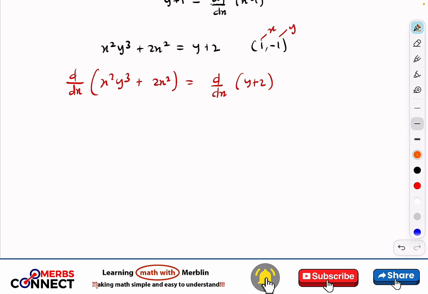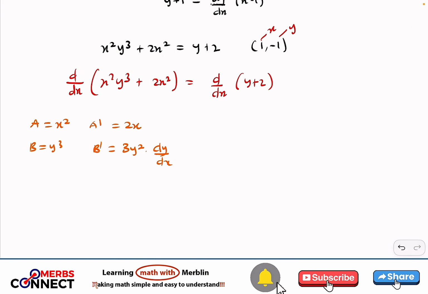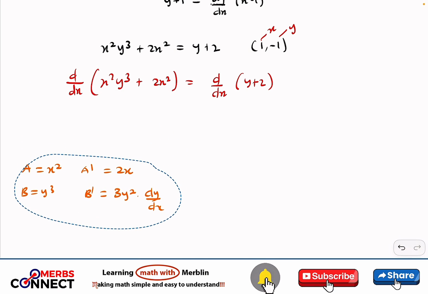So this one I need to use the product rule. So I can say that a is equal to x squared and my b is equal to y cubed. So a prime is equal to 2x, and then b prime will be equal to 3y squared, but don't forget to multiply it by dy over dx because of the chain rule there. Good.